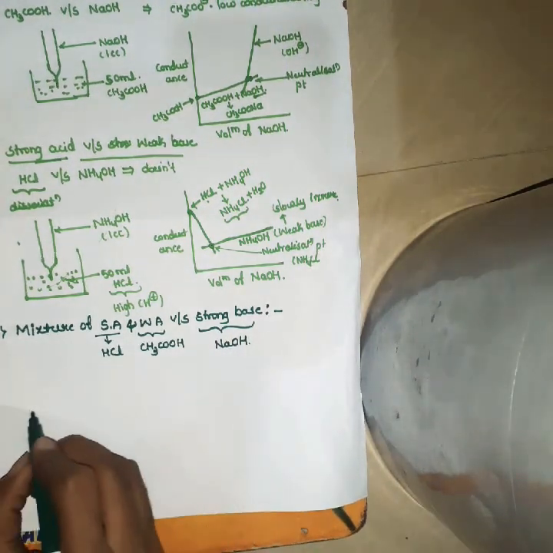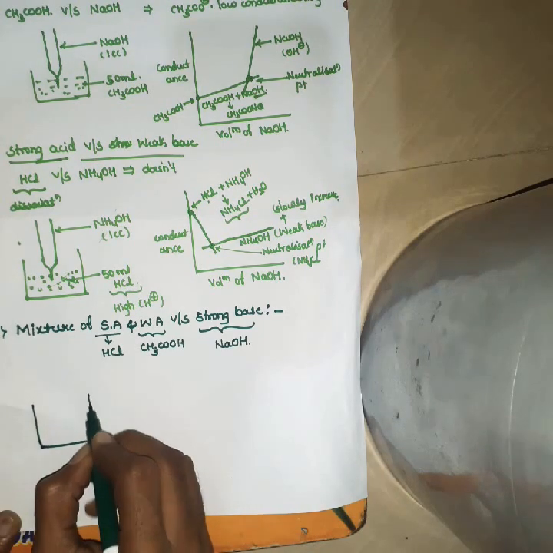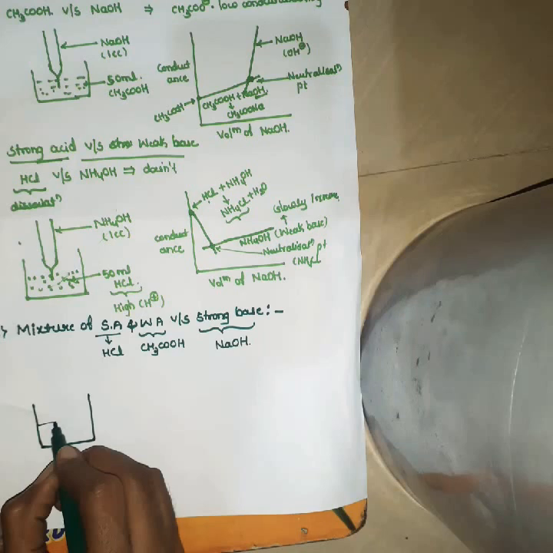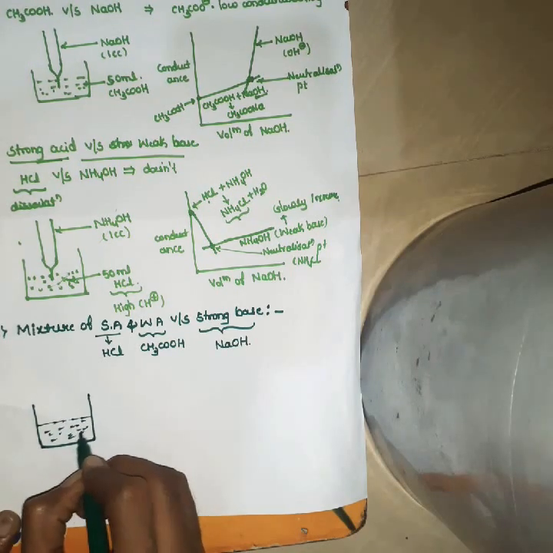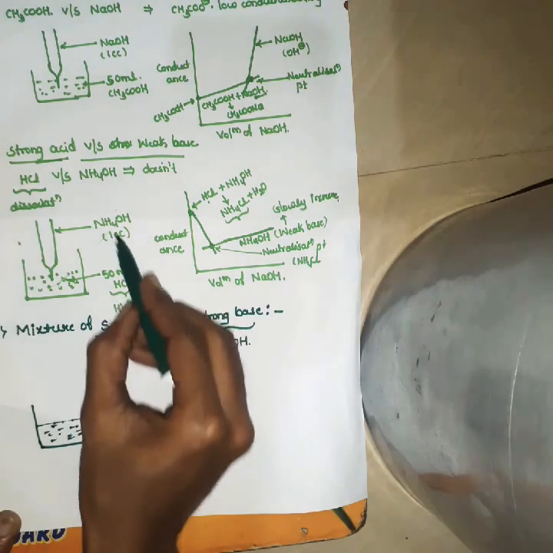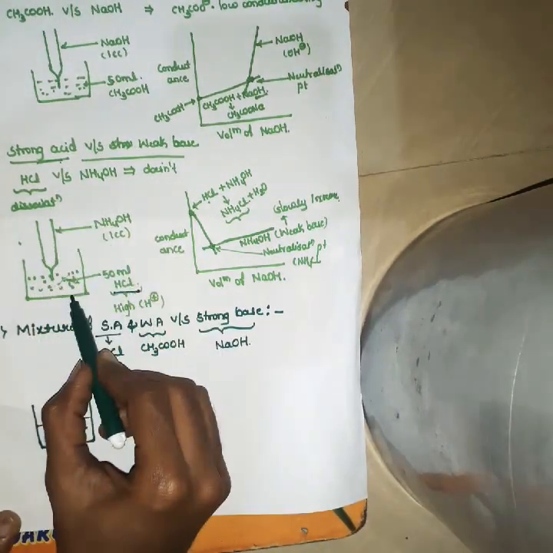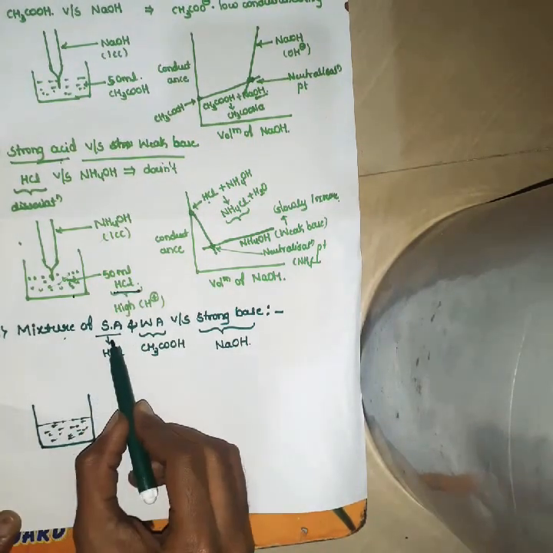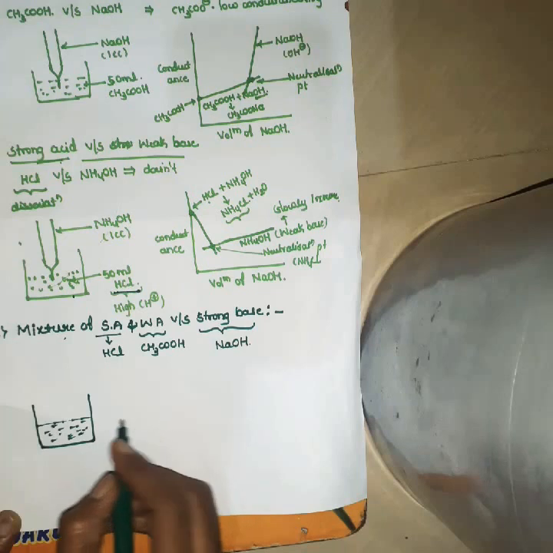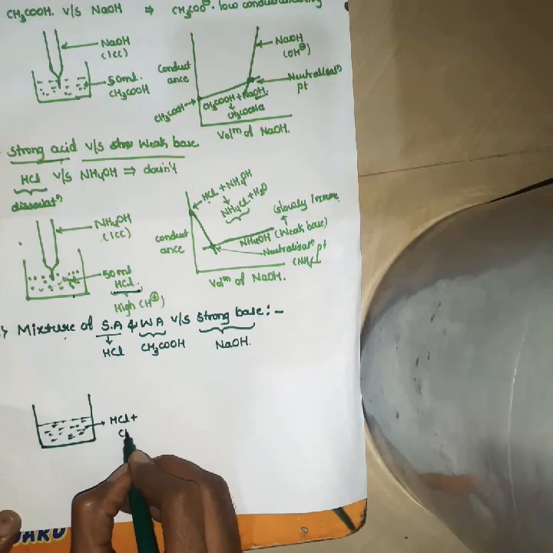Last class we studied how we do the titration. In the beaker we took only HCl, a strong acid. Today we take a mixture of strong acid and weak acid in the beaker: HCl plus acetic acid.